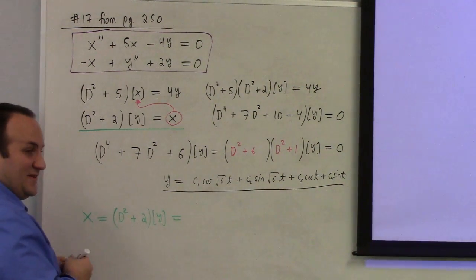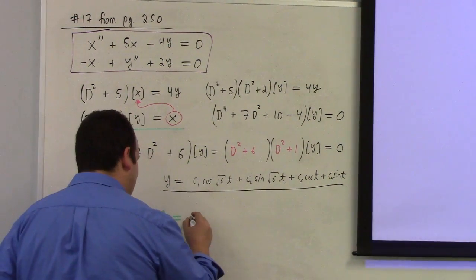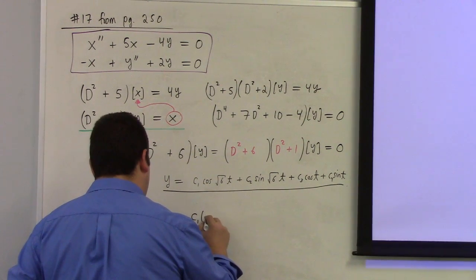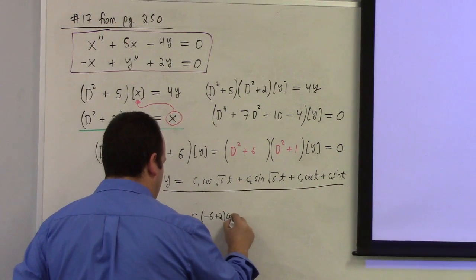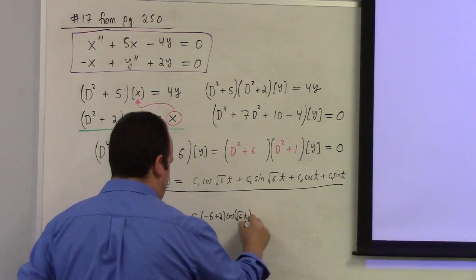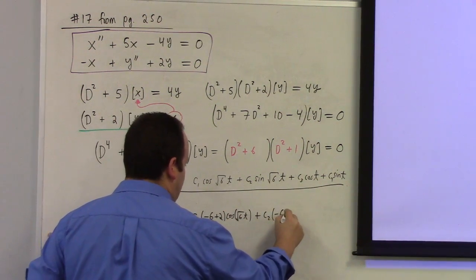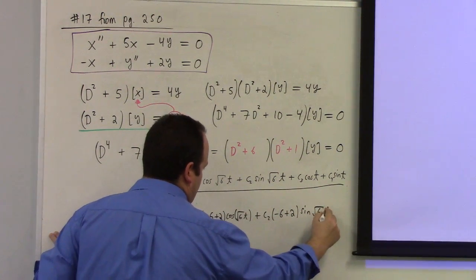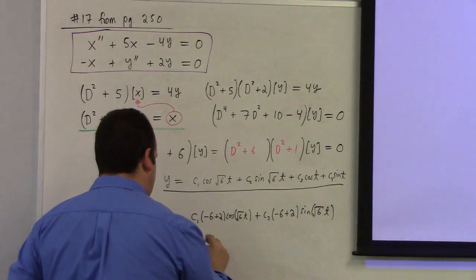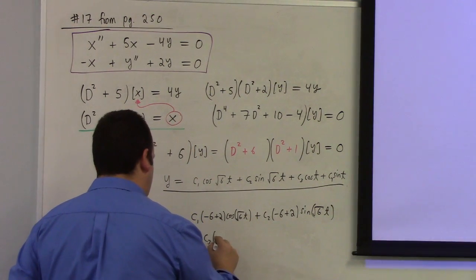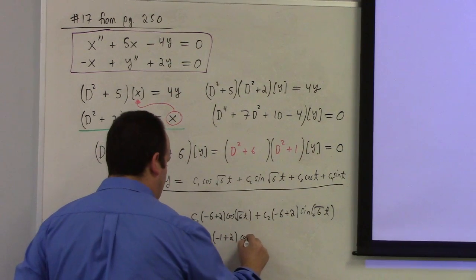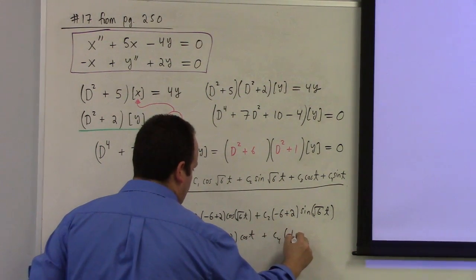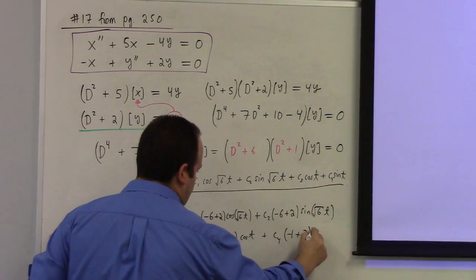All right, so by calculations very similar to the ones I just did more slowly, this is C1 times minus 6 plus 2 cosine root 6t plus C2 times minus 6 plus 2 sine root 6t plus C3 times minus 1 plus 2 cosine t plus C4 times minus 1 plus 2 sine t.